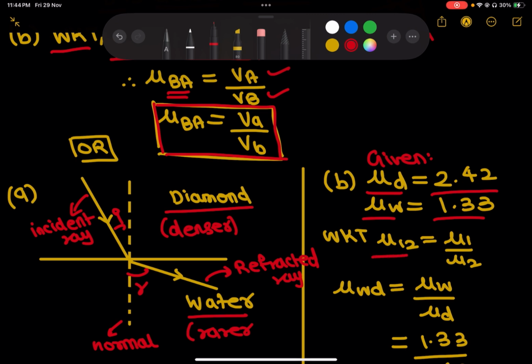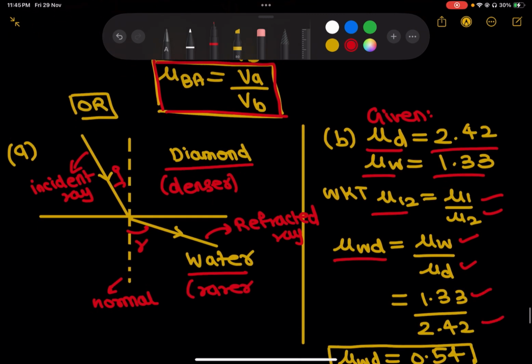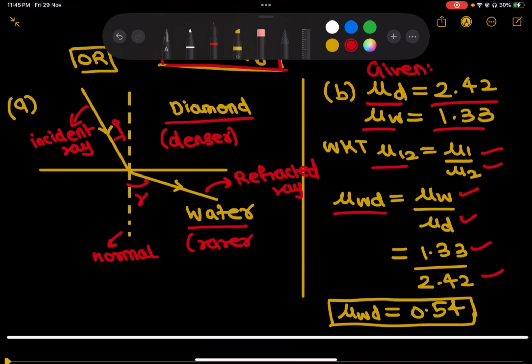Now we know that mu of 1 with respect to 2 is mu of 1 upon mu of 2. So mu of water with respect to diamond will be mu of water upon mu of diamond. So that is 1.33 upon 2.42. If you calculate that, you get the answer as 0.54, or you can round that off to 0.55 as well.